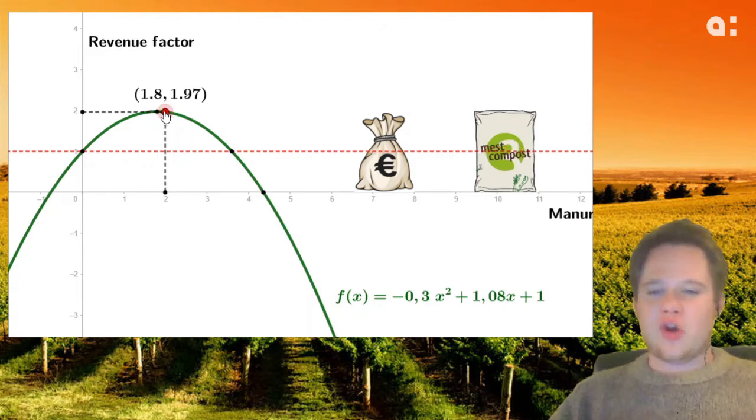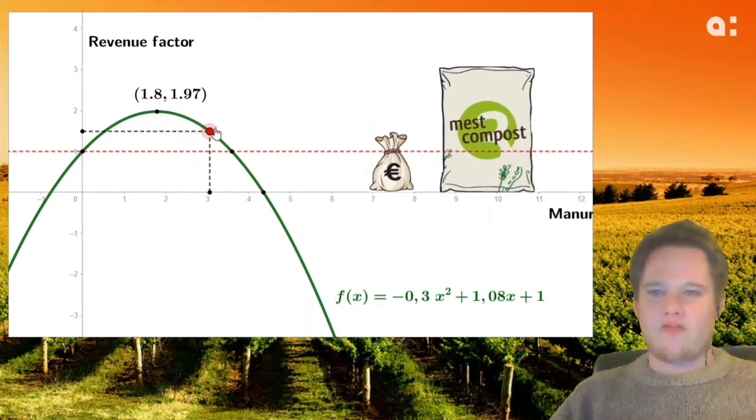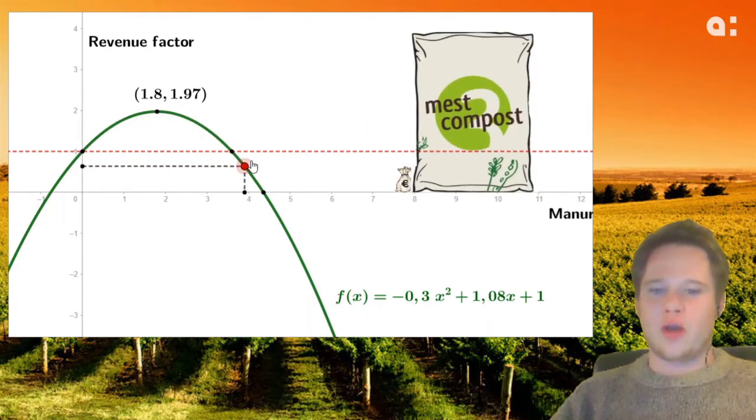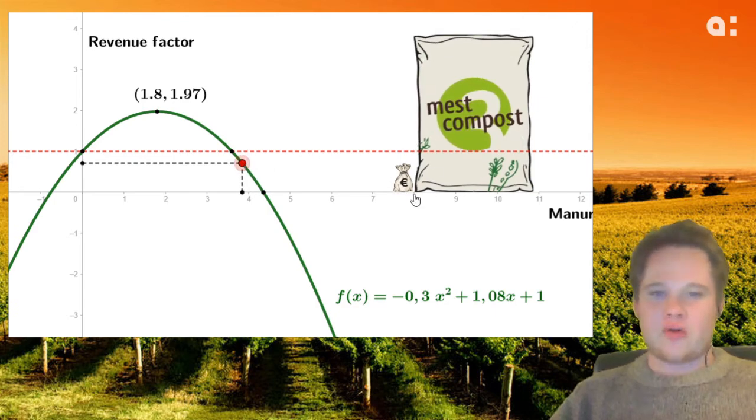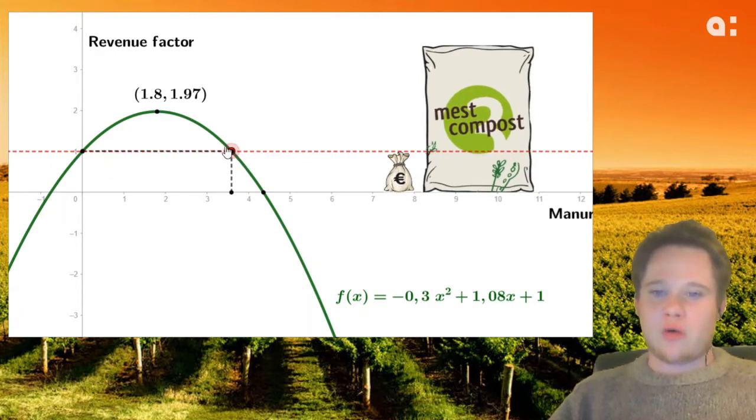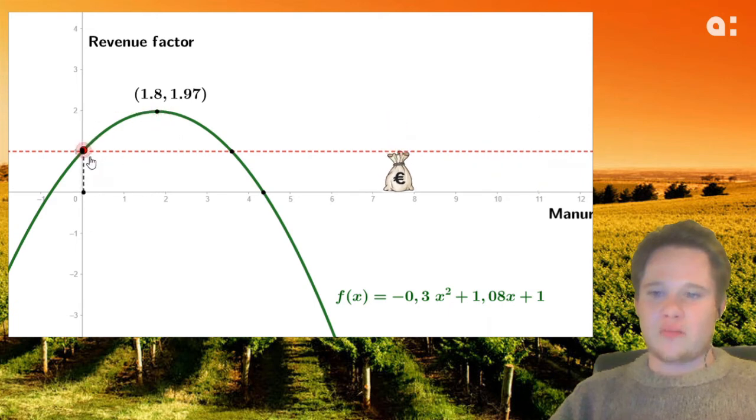If we go further on the graph and fall below a revenue factor of 1, we see that we have a very small money back. Over here, Valère simply uses too much manure. It's even a smaller money back than over here, and that can't be the intention.